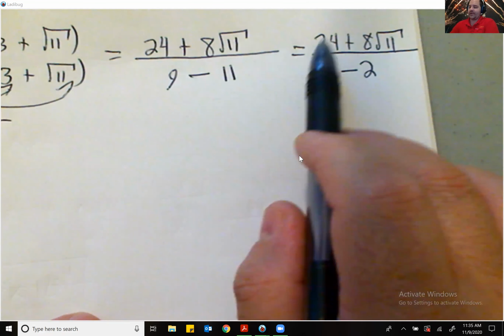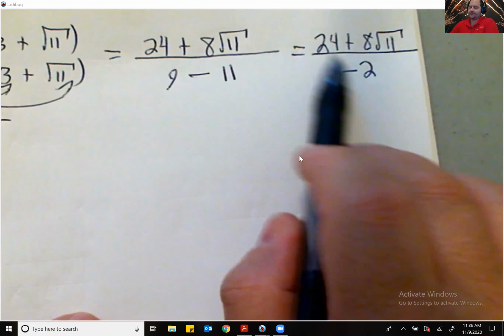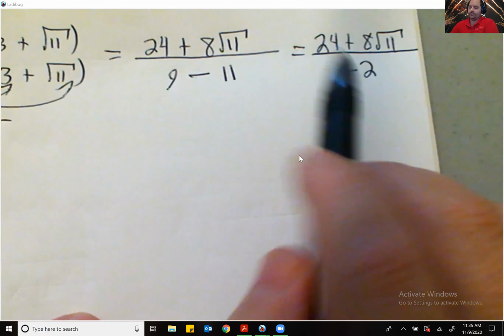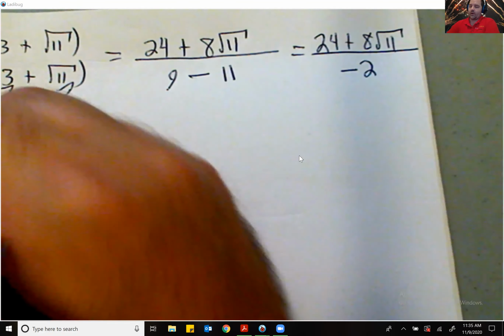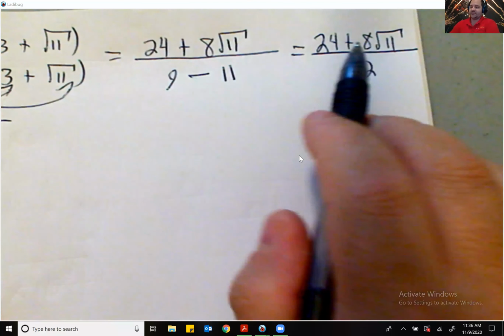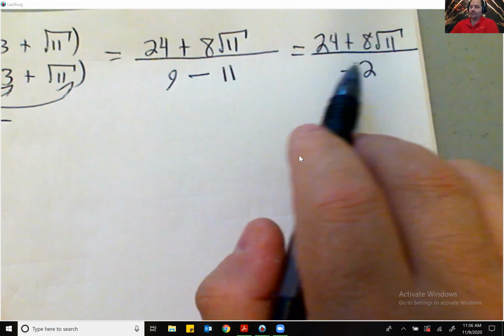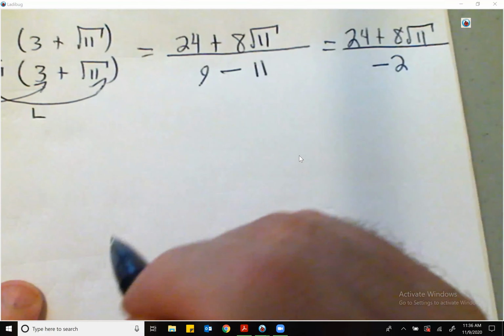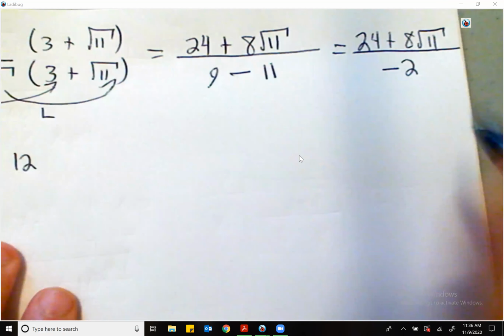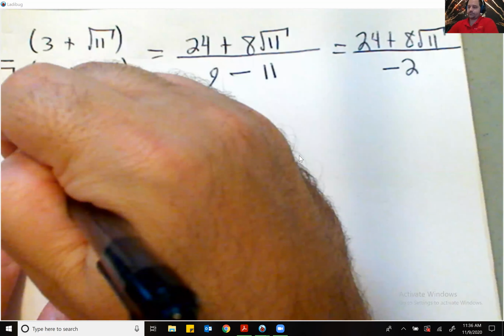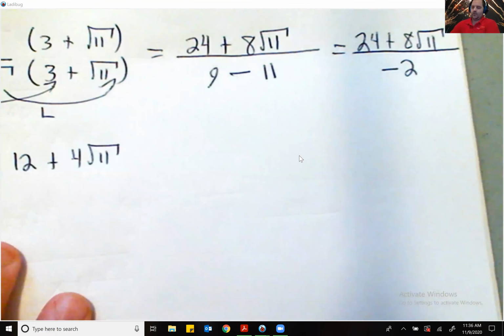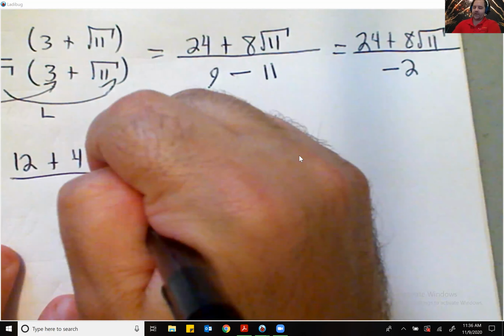Is there a number that can divide all three of these other than 1? Oh, 2. So we're going to reduce this. What's 24 divided by 2? 12. What's 8 divided by 2? 4. And negative 2 divided by 2? Negative 1.